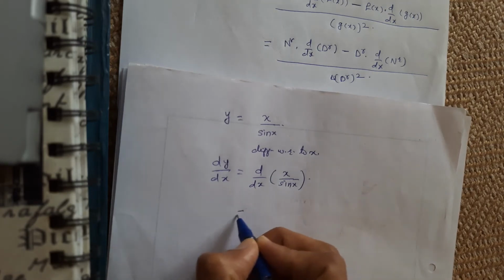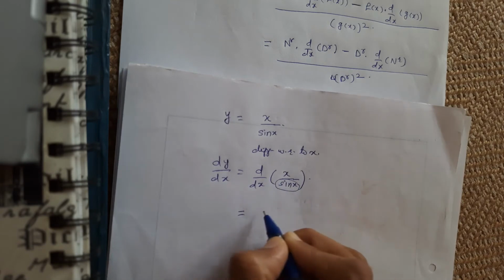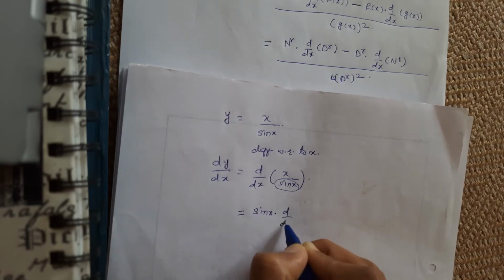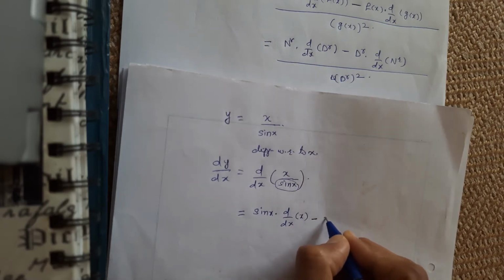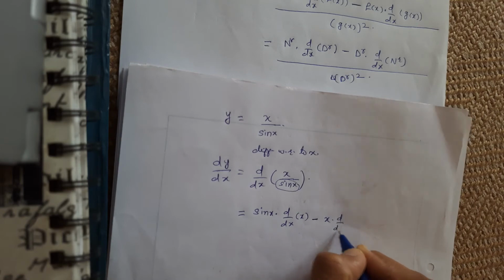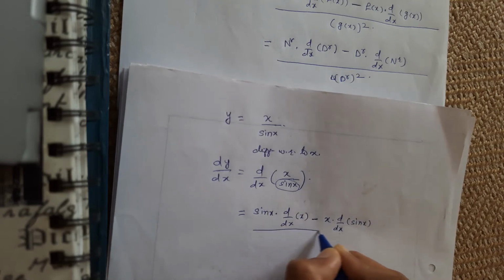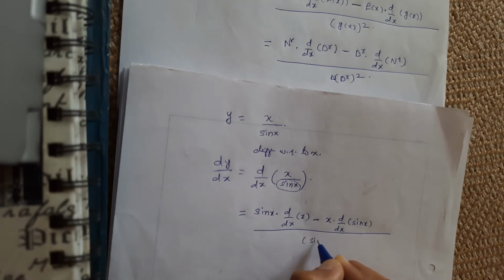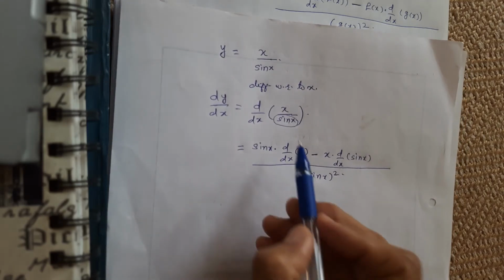Now by quotient rule of derivative, I need to start with denominator. So denominator multiply by derivative of numerator minus numerator multiply by derivative of denominator divide by denominator square. Okay, that's how I apply the formula.